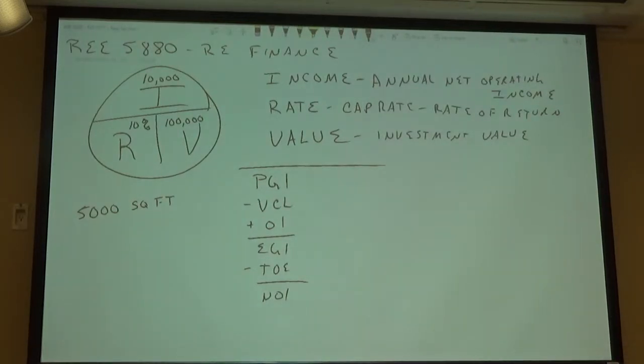And for that 5,000 square feet of space, let's say $20 per square foot per year is the rental rate, okay? So what we're going to be doing is taking the 5,000 times the $20 per square foot per year, and in this case, that's going to give us $100,000 of potential gross income.